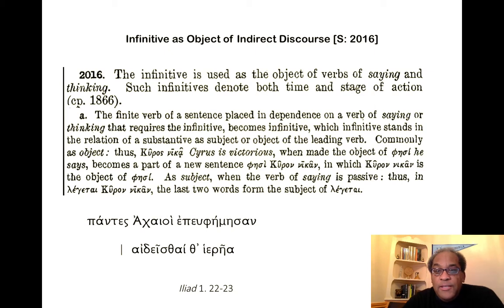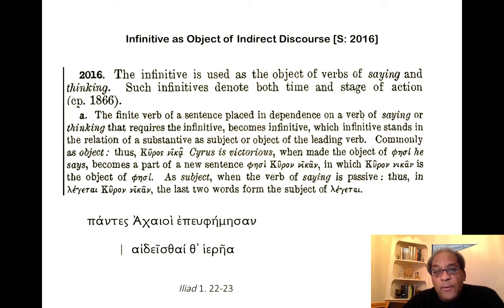But if you turn this into a passive, it becomes subject. So as subject when the verb of saying is passive. Thus, in λέγεται Κῦρον νικᾶν, λέγεται, it is said, Κῦρον νικᾶν, the last two words form the subject of λέγεται.